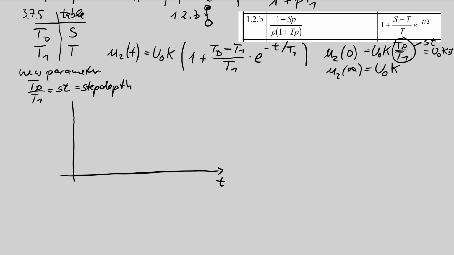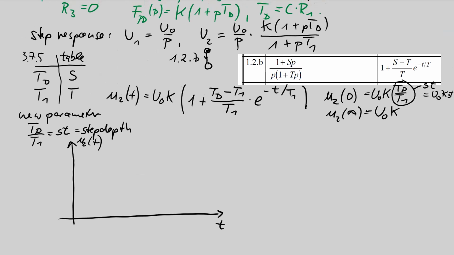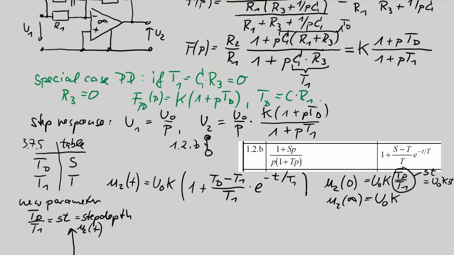Step response diagram over t, and here we have U2 of t. The question is, is the step depth larger than 1 or smaller than 1? Which value is larger, Td or T1? In our circuit we can decide this very quickly, because Td is (R1 plus R3) times C, and T1 is R3 times C, so Td must be larger.